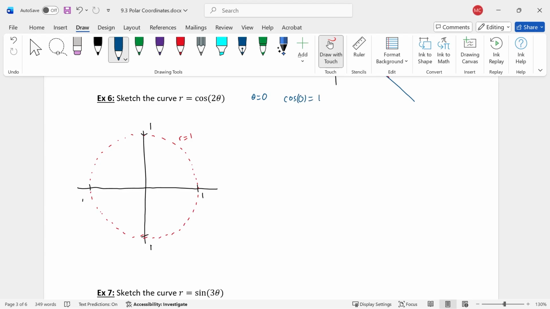And so I'm going to extend that, though. So that gives me my starting point, but I actually want to think about all of the places where cosine of 2 theta equals 1. So I know this first point on the graph is going to be angle theta is 0, and the radius is 1, so it puts me right there.